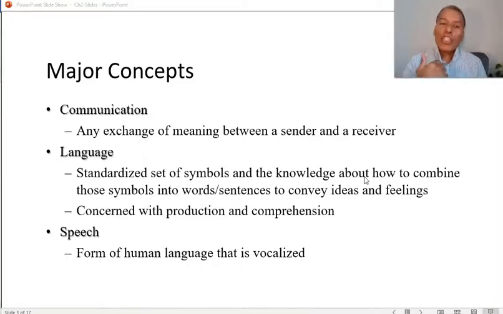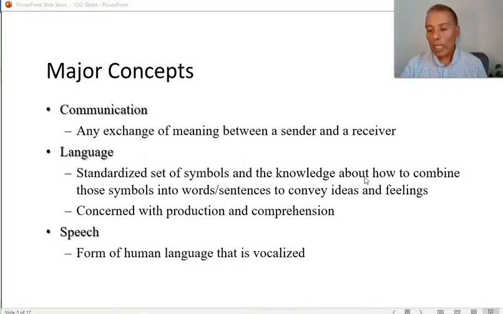Speech doesn't have to do with meaning. It focuses on the manner, the method, the way that you produce that language in a verbal manner, using your voice, articulating your sounds, and producing those sounds and the words and sentences in a fluent manner.